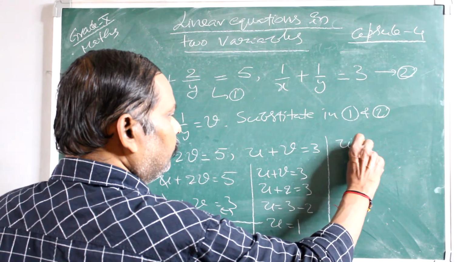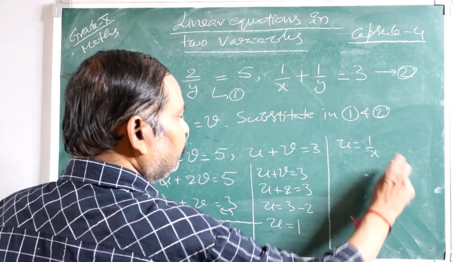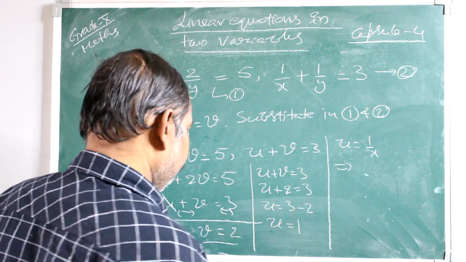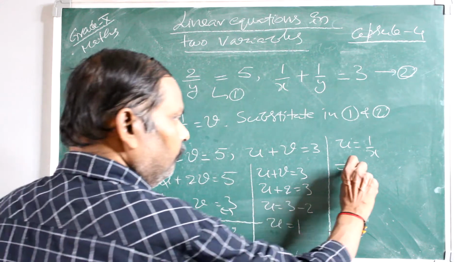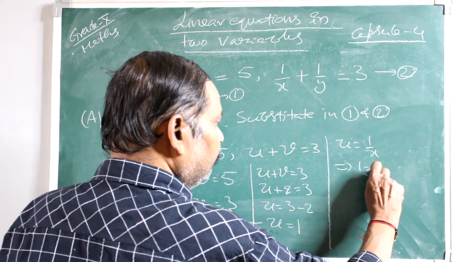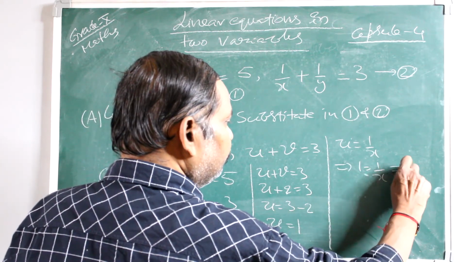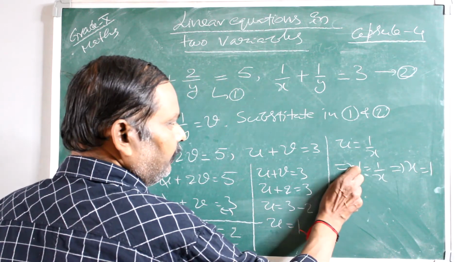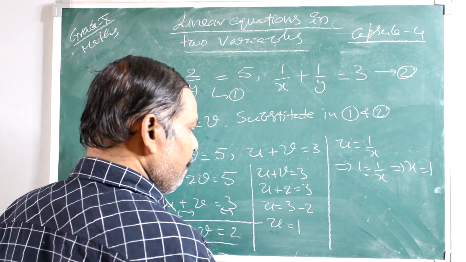But u = 1/x. This implies, u is 1, no? 1 = 1/x. This implies x = 1.